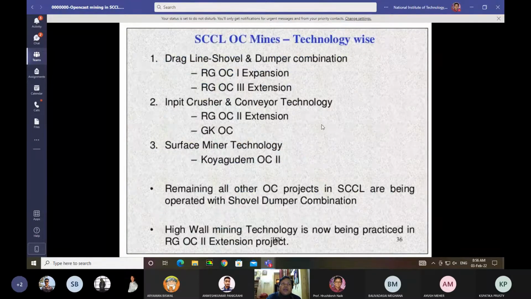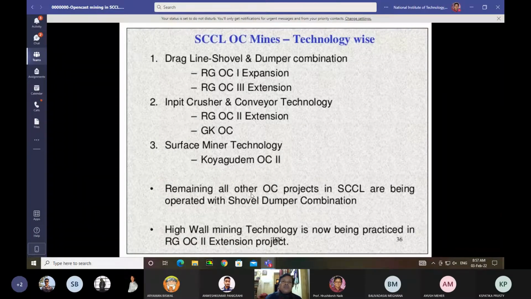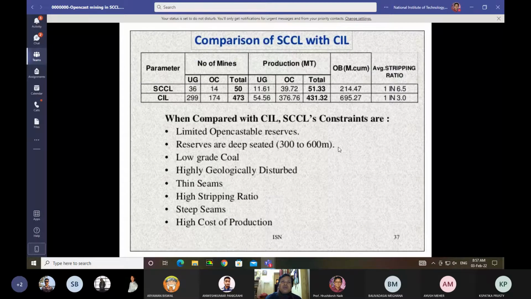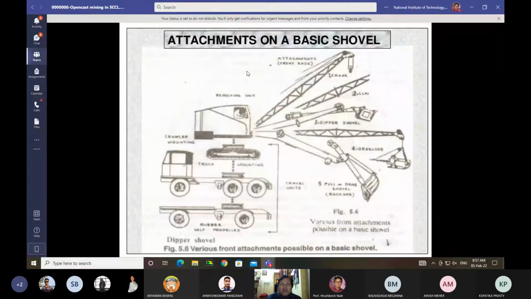These are the technologies: dragline, shovel dumper combination, in-pit crushing and conveying technology, surface miner technology. All these we have discussed in the previous classes, and we have also compared. So today our focus is on shovel dumper mining.